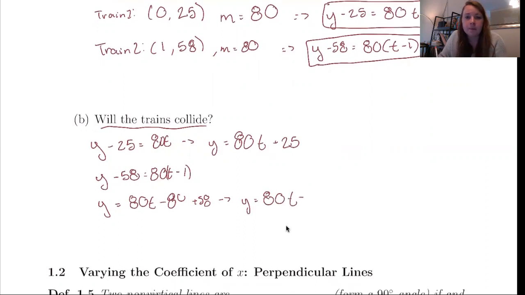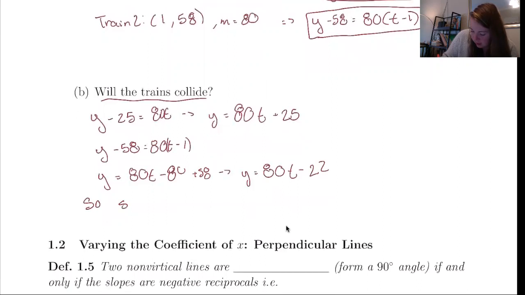Let me see. Or no, minus 22. So since these trains have the same slope and not the same y-intercept, they are parallel. Since they don't have the same y-intercept, right? So y1 and y2 are different ones. They will never touch. If they have the same y-intercepts, they're the same line and they're always going to touch.